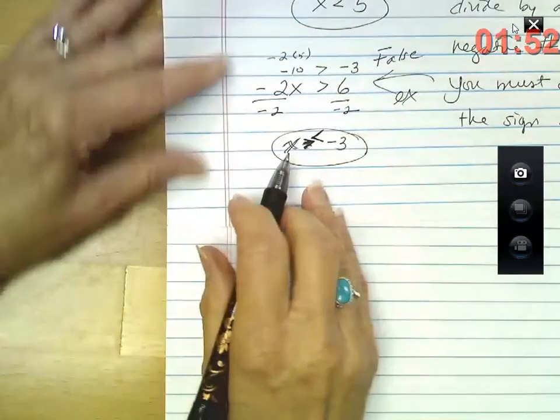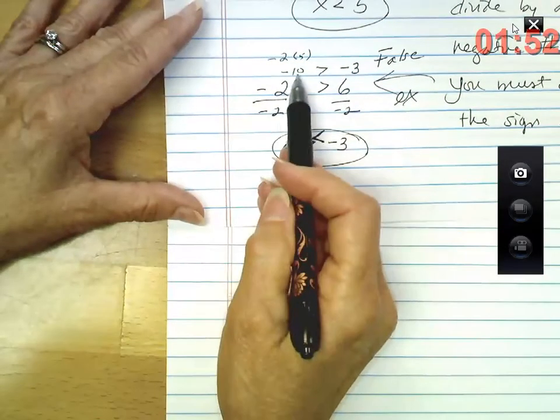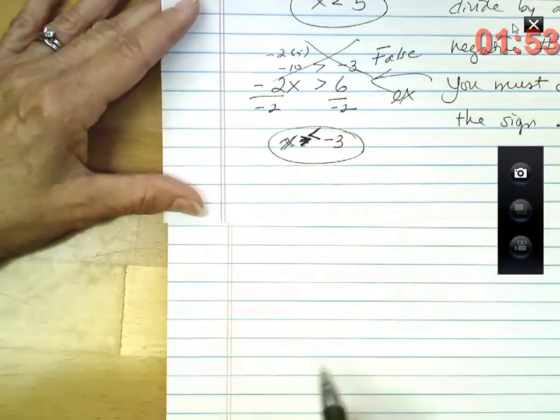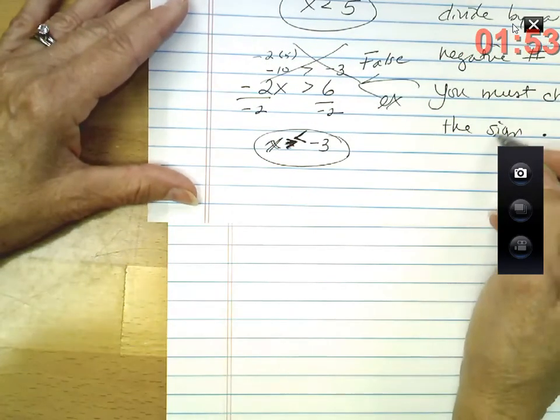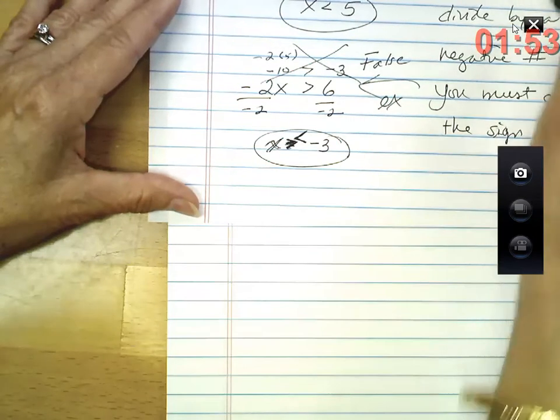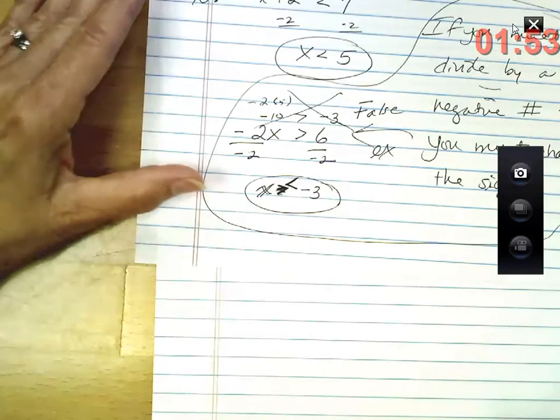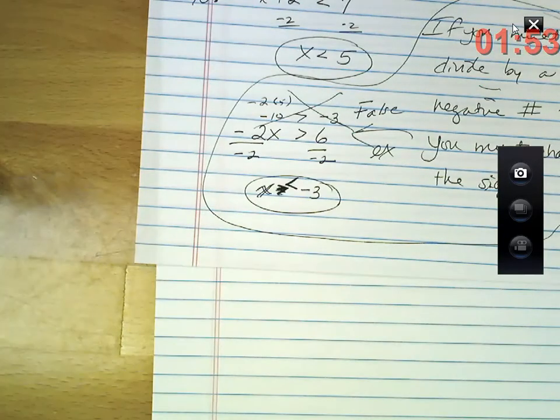If you left it the same way, you'd get a wrong answer, because negative 10 is greater than negative 3 is a false statement. So if you multiply or divide by a negative, you have to change the sign. Put that in your notes somewhere, then do 1 through 28, and we'll check the answers in just a second.